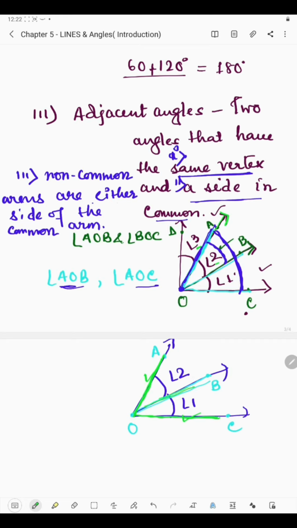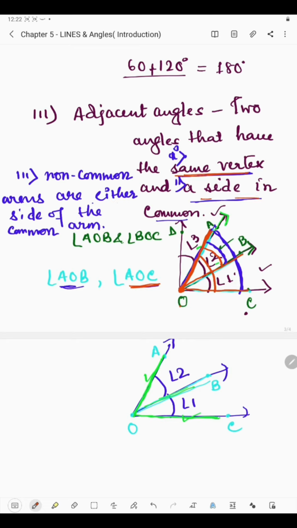Now here, when I ask you that AOB means which? This. And AOC means this angle, in which we can see the same vertex, which is O, and a side in common. Which side is common?